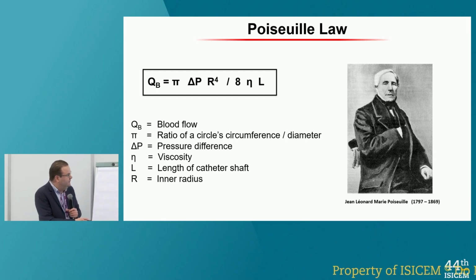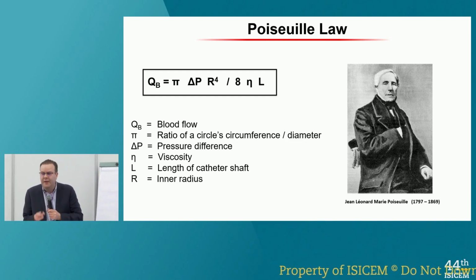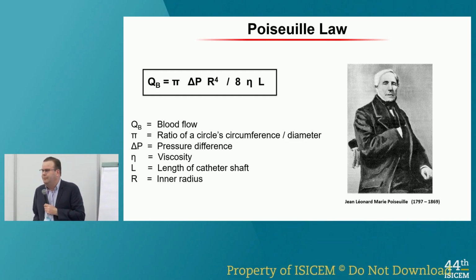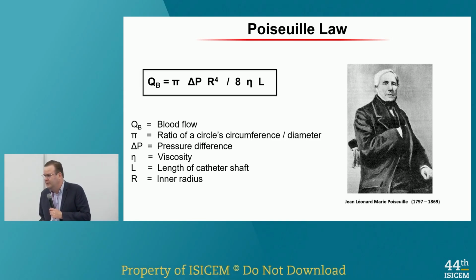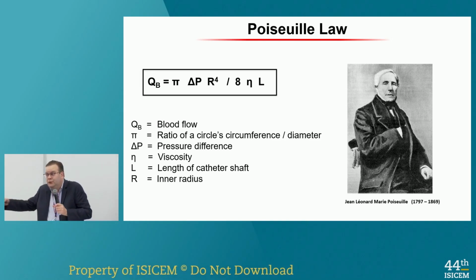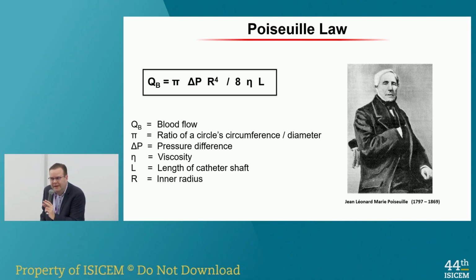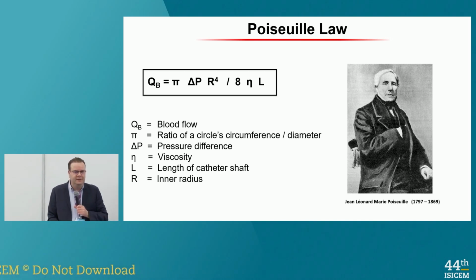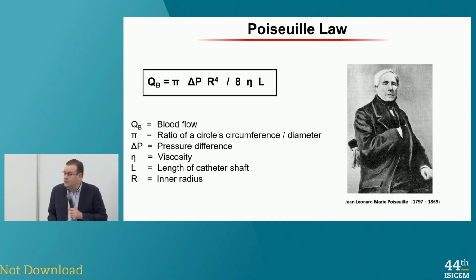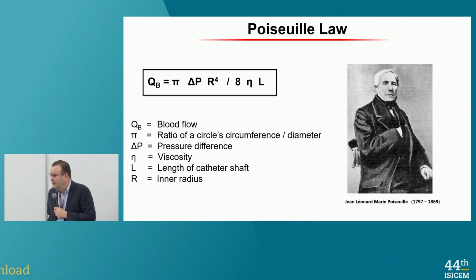And it's divided by the viscosity and the length of the catheter, which is very important because it means that if you want a high blood flow rate, you cannot use a too long catheter, right? Short catheters are better if you want a high blood flow rate. That's the Poiseuille law, okay? Any questions regarding Poiseuille law? It's fine?